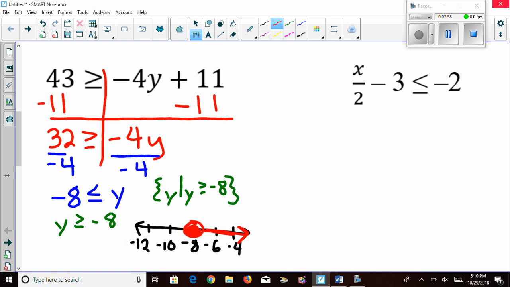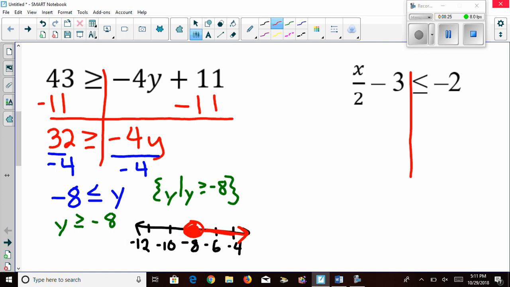Another example, only 3 more to go. Looking at this example, I see x divided by 2 minus 3 is less than or equal to negative 2. And again, I need to start by adding or subtracting any piece that does not have a variable over to the other side.